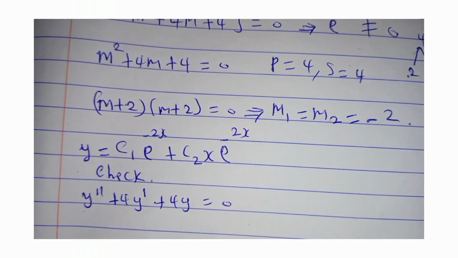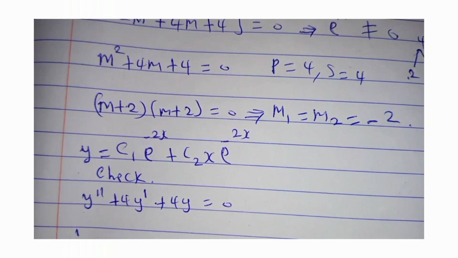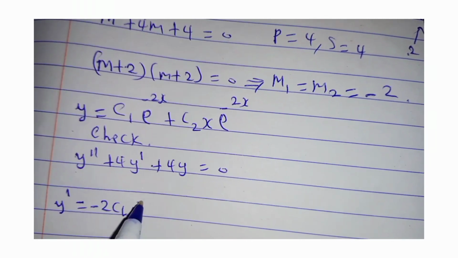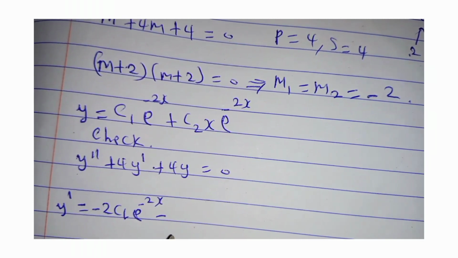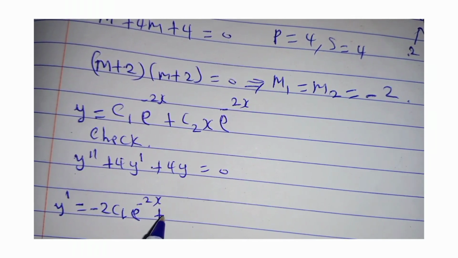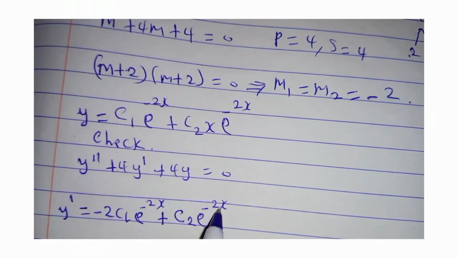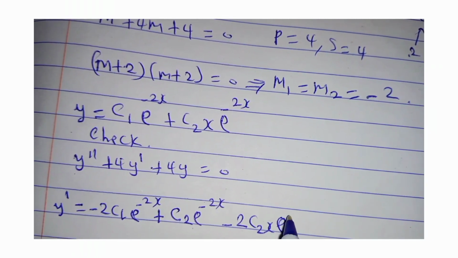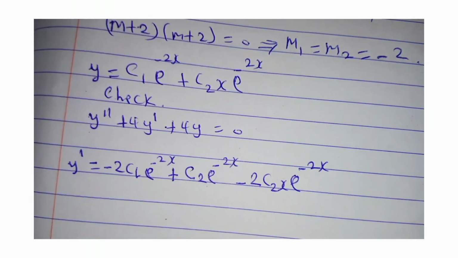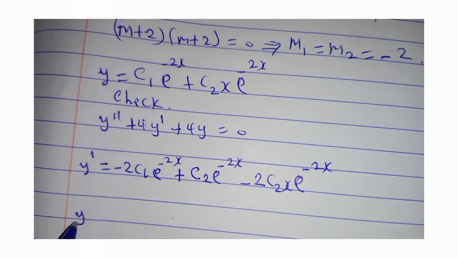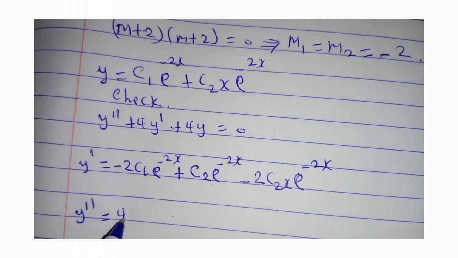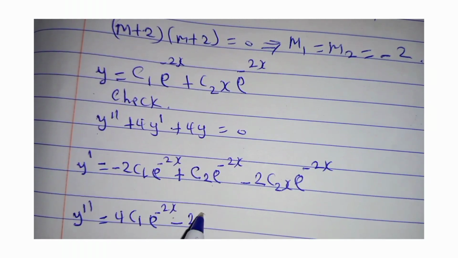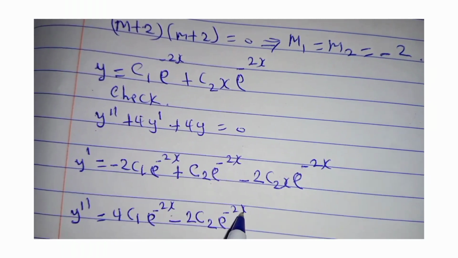Our objective is to find y single prime from this, which will give you -2c1 exponential negative 2x, plus c2 exponential negative 2x, minus 2c2x exponential negative 2x. Then you also obtain y double prime.